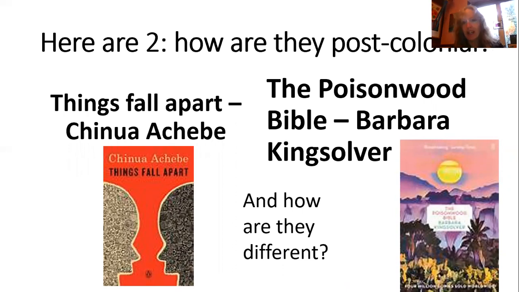And we are going to read a bit of today, The Poisonwood Bible by Barbara Kingsolver. Barbara Kingsolver is Canadian, and she is one of my favorite authors, a brilliant author. How do you think they are different, these two examples of post-colonial literature? Any ideas? You can pause and discuss if you want to.